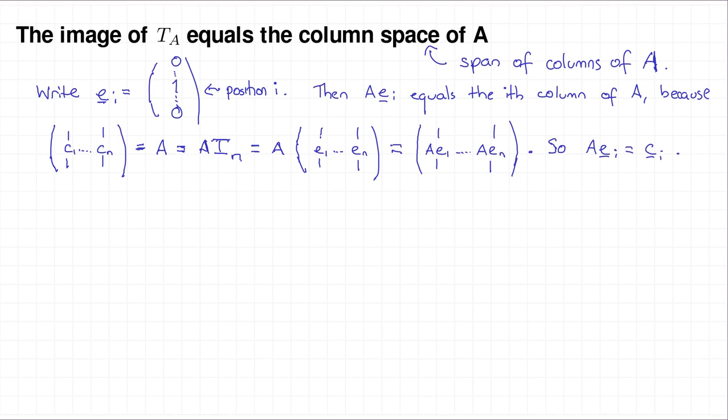Now we're going to use this to prove the result which we were talking about at the start of this slide, that the image of TA is equal to the column space of A, in other words, the span of the columns of A. So since we gave those columns names, this column space is the span of c1 up to cn.